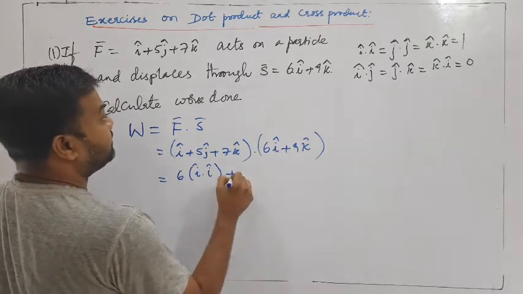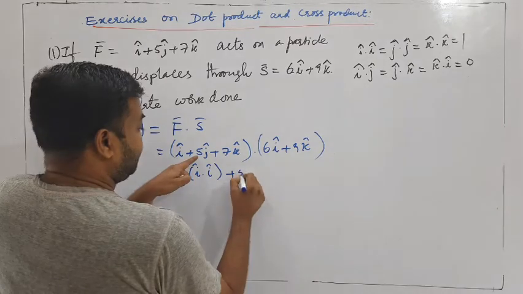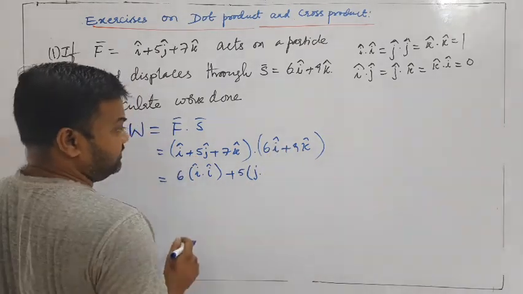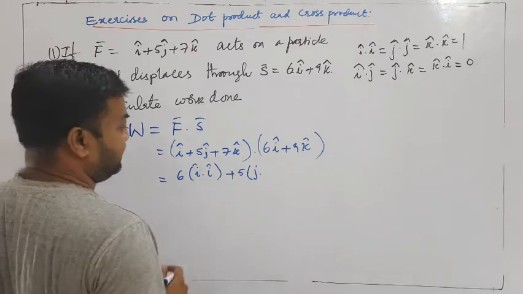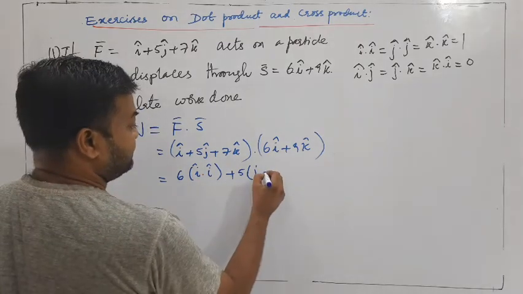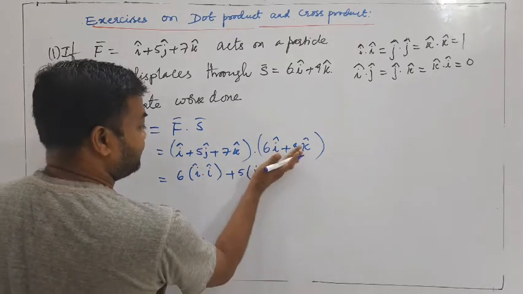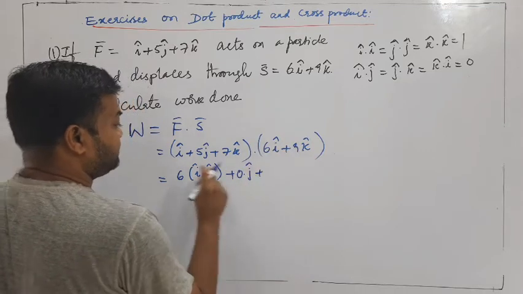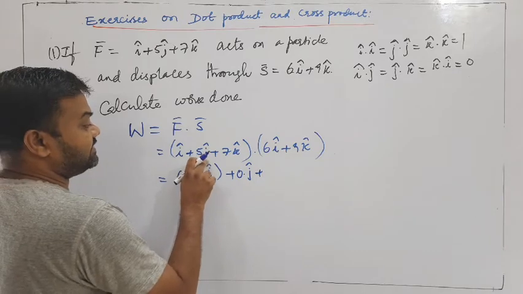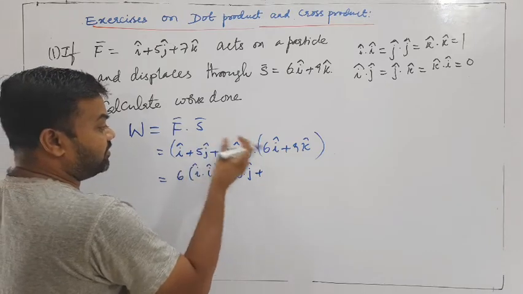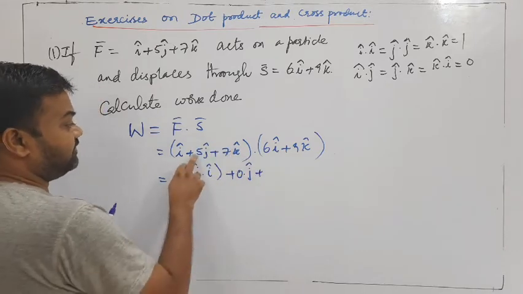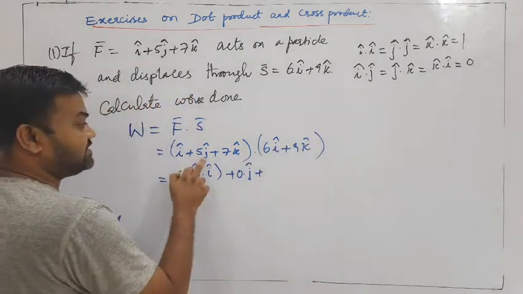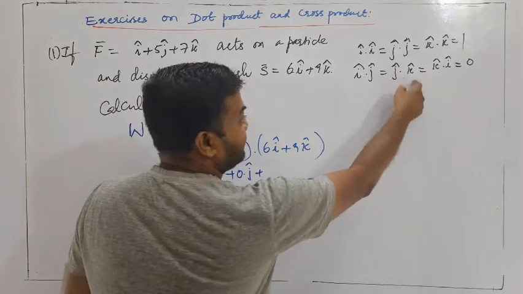The 5j cap has nothing to multiply with, because 5j into i is 0 since ij is 0, and 5j into k is also 0, since jk is 0.